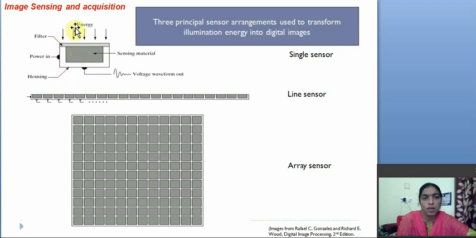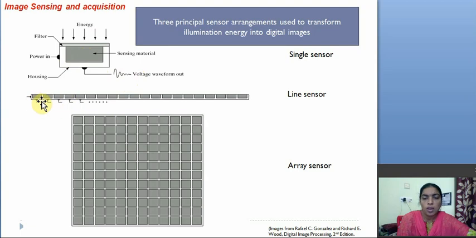Here we are using one filter, and only the light energy passes through the filter. Then the sensor converts the light energy into an electrical signal, that is, a voltage waveform. So this is the story behind the single sensor. Each sensor's principal operation is in the same way.